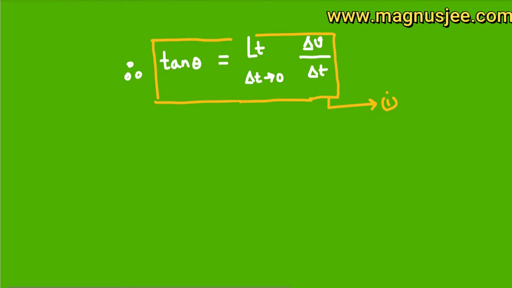This is equation 1: tan theta is equal to limit delta T tends to 0, delta V by delta T.